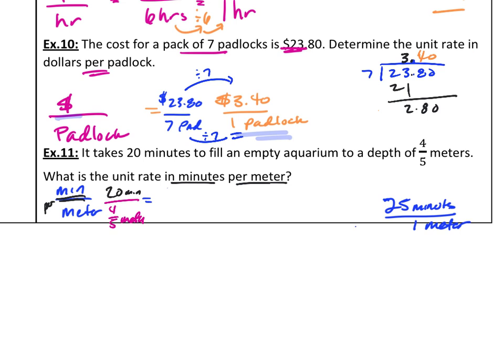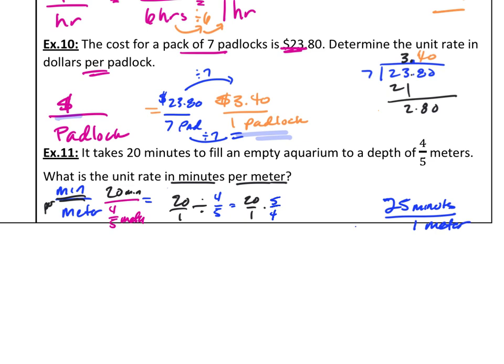So I'm going to rewrite this as 20 minutes, 20 over 1, divided by 4/5. Which means I'm going to take 20 over 1 times 5/4.